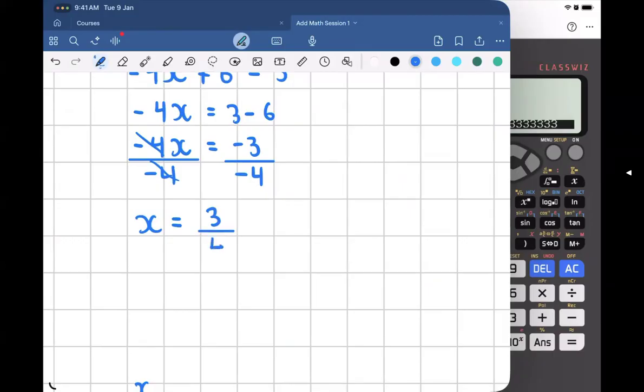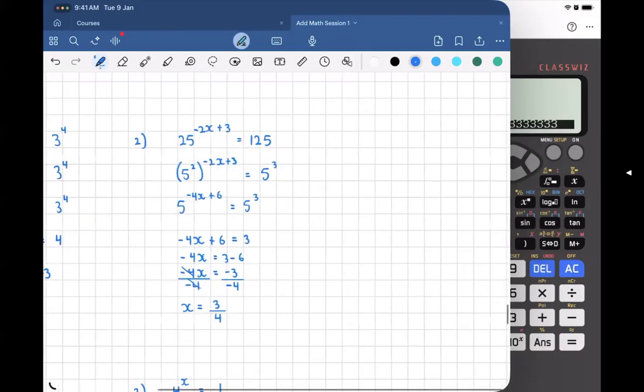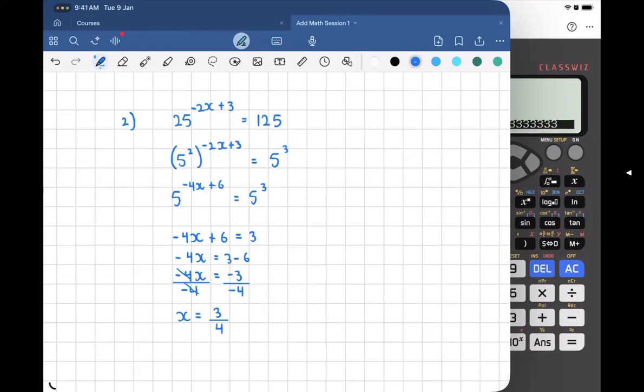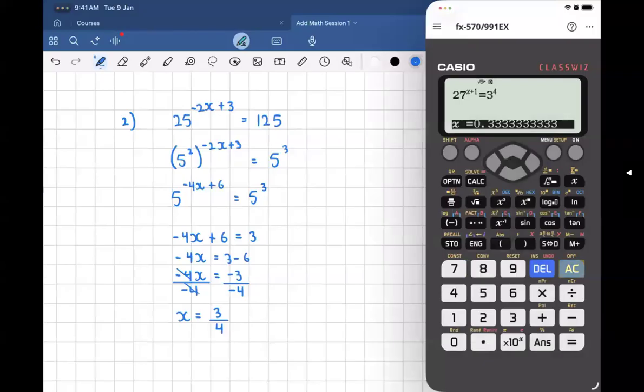Bam. And if we wanted to check back our working, what could we do, Shana? That's the one thing I forget. I do the question correctly, but when I'm checking over, I forget what to check. So Shana, you know what the whole purpose of finding x is? Yes, to find the power.